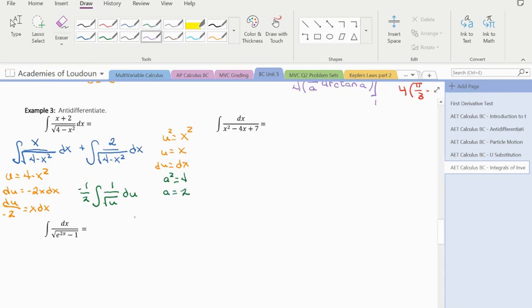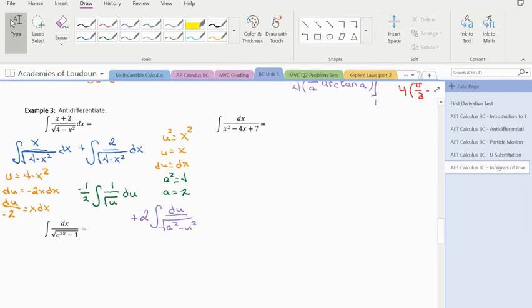And so we have plus 2 times the integral of du over the square root of a squared minus u squared. So go ahead and finish up that integral as one of your questions in the video.